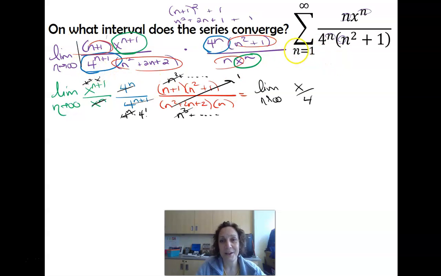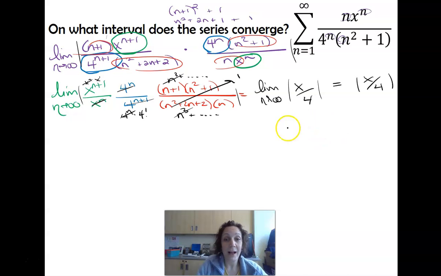So allow me to sneak my absolute values back in. I now have the limit as n approaches infinity of x over 4, which, since n is no longer in the expression, is just the absolute value of x over 4. I know that x over 4 has to be between -1 and 1 for convergence.